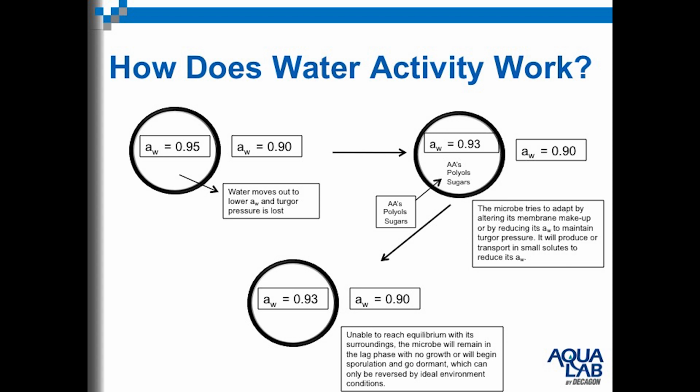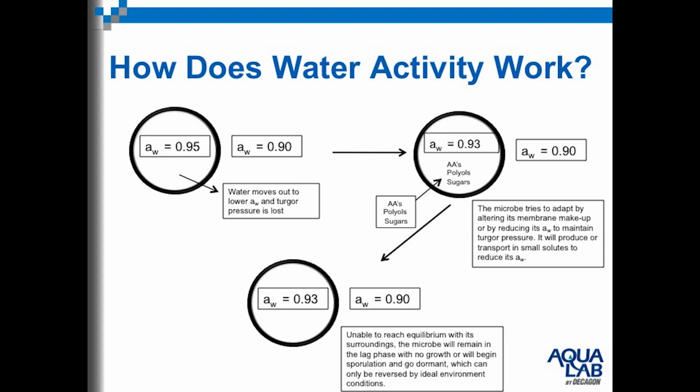But the point is to concentrate those inside the organism in an attempt to bind up water chemically and lower the water activity, trying to get that water activity to be lower than the water activity of its environment, so that water will again start moving into the organism so that it can access it and use it to reproduce and to grow.